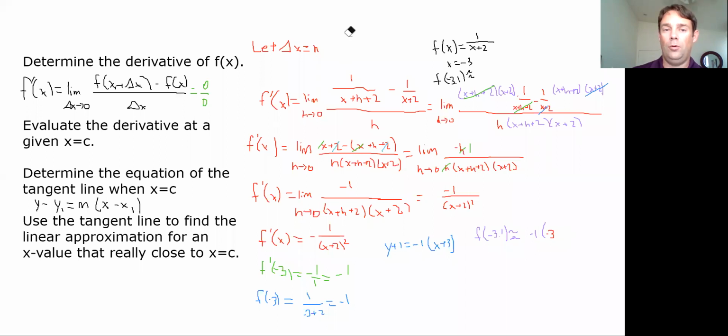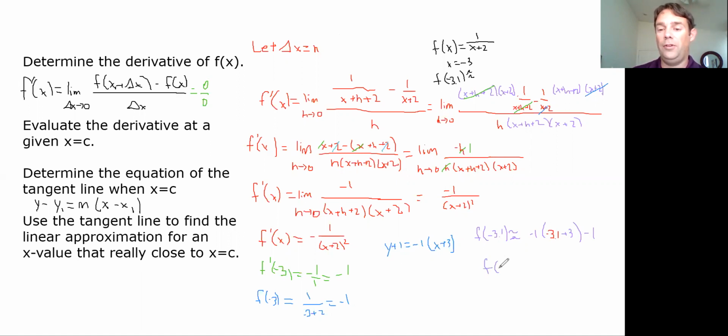It only approximates values that are really, really close. It couldn't be used for something like when x equals 5. I guess it could, but the approximation would be so ridiculously far away that it would do you no good.